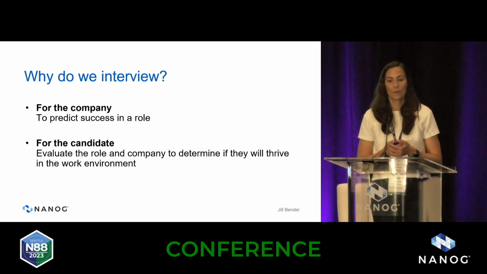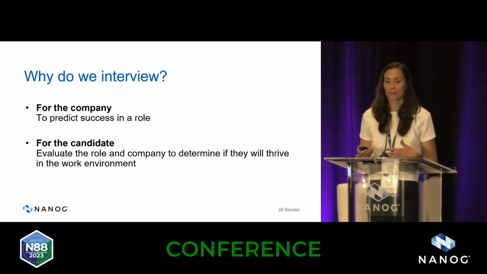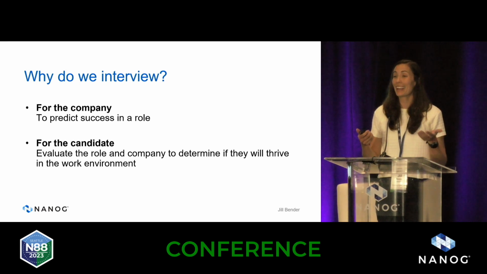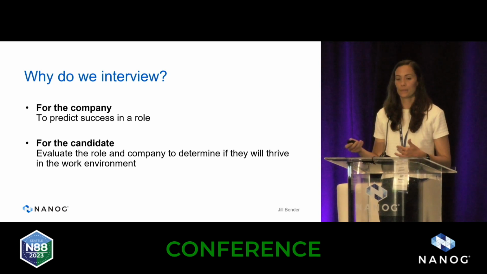The main goal is for the company and the candidate to decide if the candidate will be successful and happy in the role. The company has an idea of what they need for this role and uses the interview process, ideally, to collect evidence and data on a candidate to then make a decision on whether or not they want to hire the person for the role.